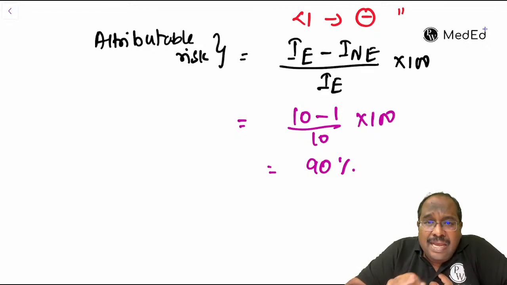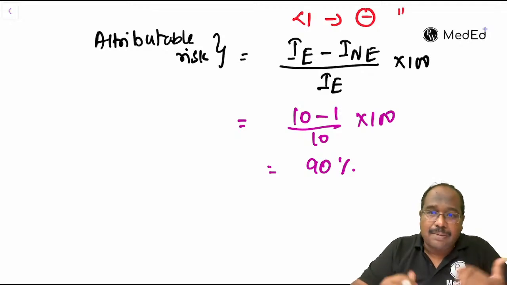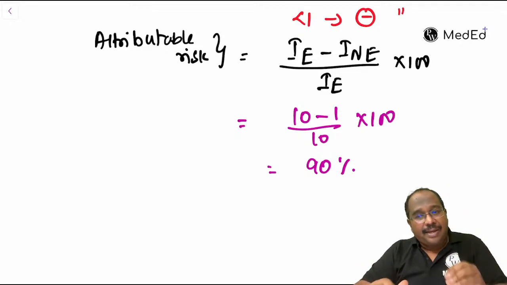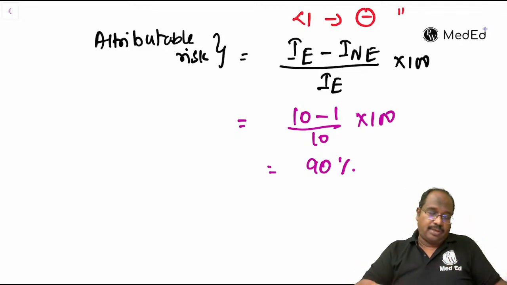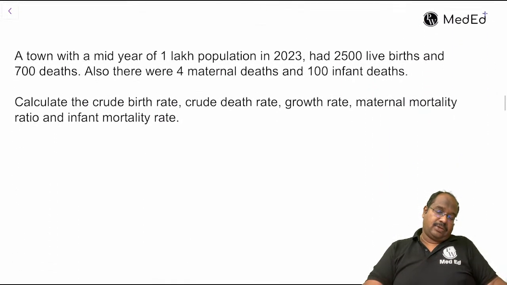That means 90 percent of oral cancer among tobacco chewing people is because of tobacco chewing. For the remaining 10%, some other cause may be there, but 90 percent of the cause is tobacco chewing. Hope this is clear, guys.